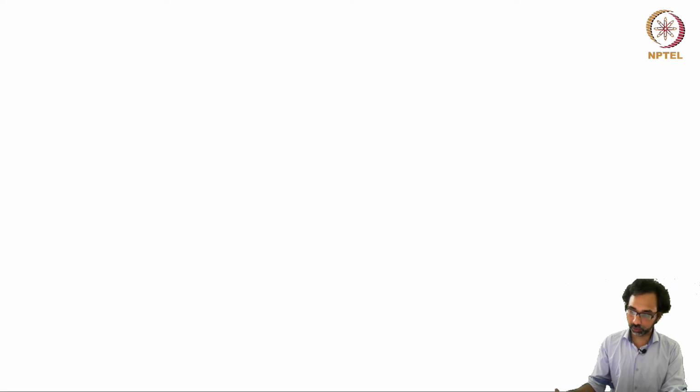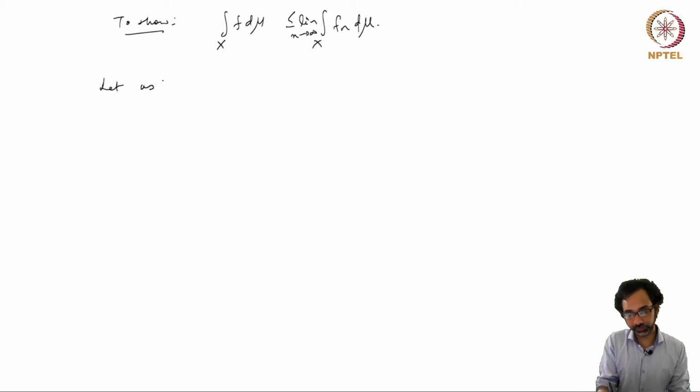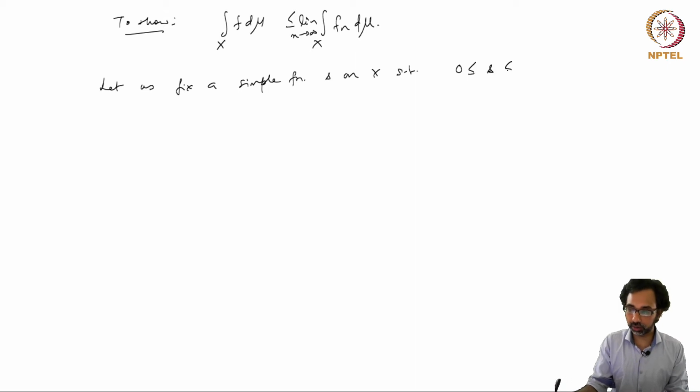So let's see how to prove the reverse inequality with these two properties. So we have to show that the integral of f d mu is less than or equal to the limit n tends to infinity of the integral of Fn d mu. So let us fix a simple function S on X such that we have 0 less than or equal to S less than or equal to f.